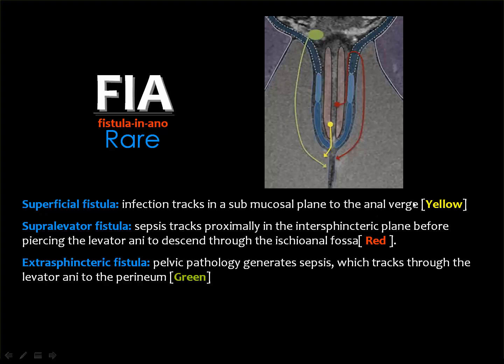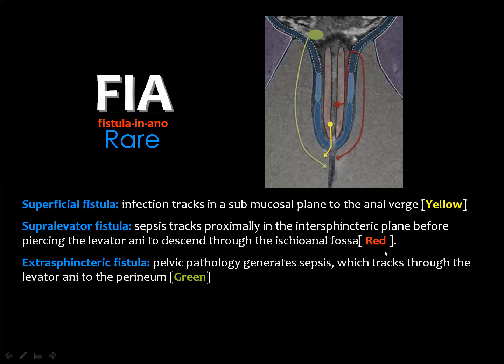Then the supralevator or the suprasphincteric fistula is a fistula going through the intersphincteric space until above the puborectalis or the levator ani, and it goes down through the SQ anal fossa to the outside.